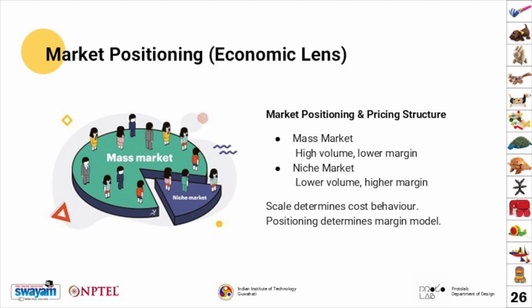This creates two distinct economic models. Mass market models depend on velocity and turnover. Niche models depend on contribution per unit. Neither is superior. They reflect different strategic decisions about scale, risk, and capital investment.